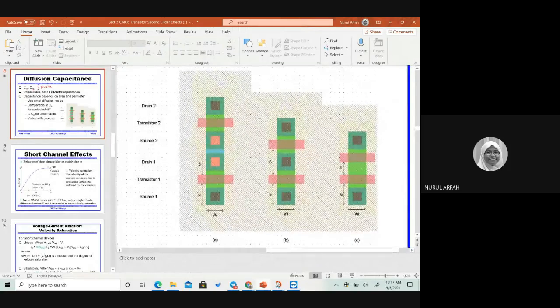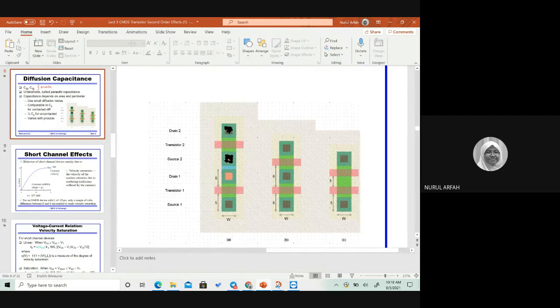There's 3 ways they put this. This one is actually the top view of the transistor you're going to see. The one you look at here, the black color, the box like this, is actually the contact of the 2 layers.